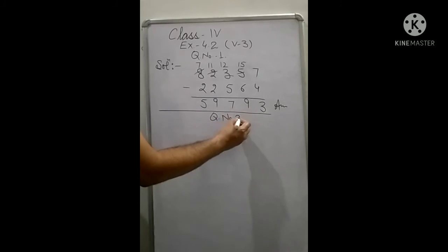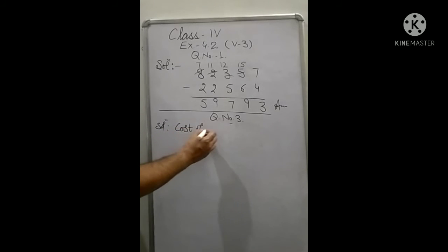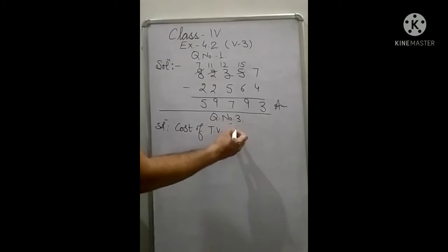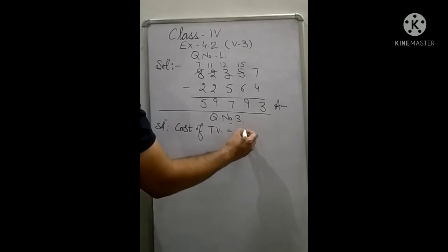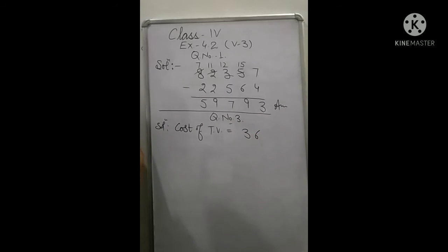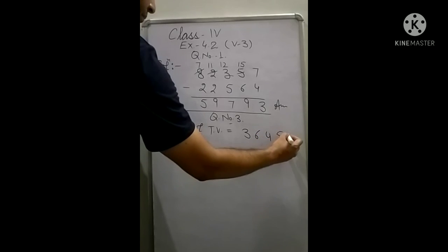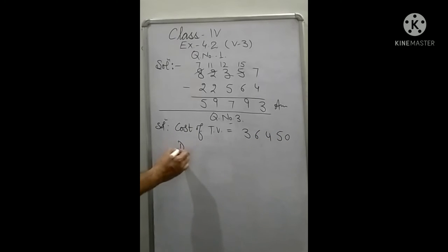For question number 3, we first write the cost of the TV. How much is it? It is rupees 36,450. We write the same. Now write the discount.